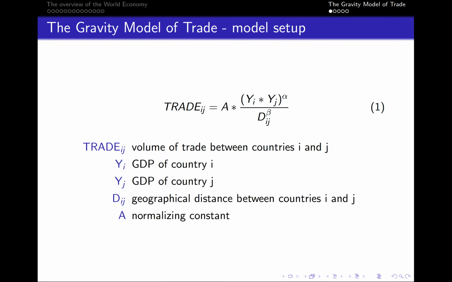Okay, so let's go step by step through what we have in the model, and then we will explain the rationale behind this model, which is very intuitive.